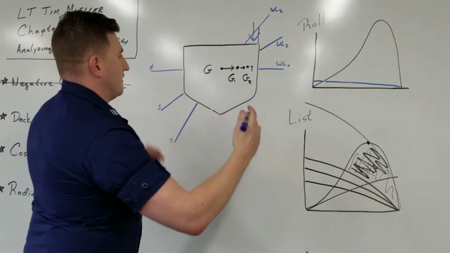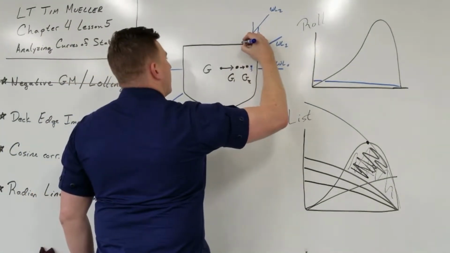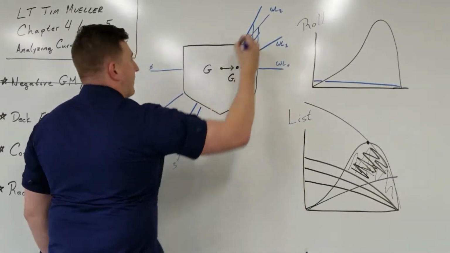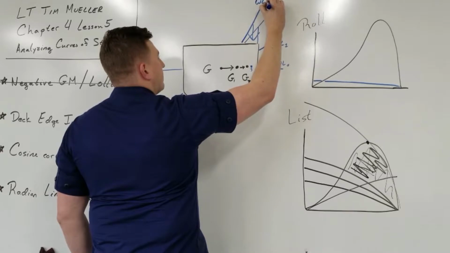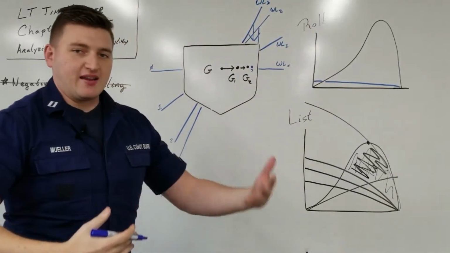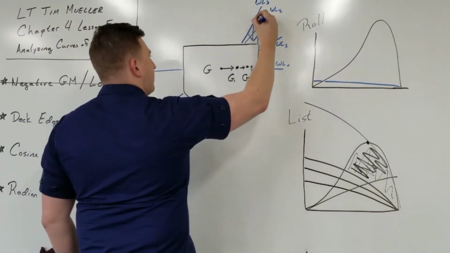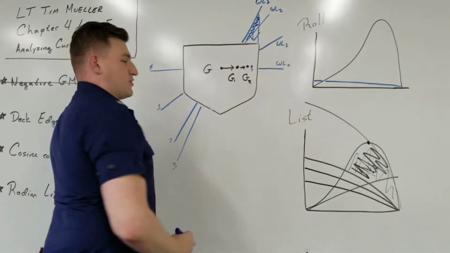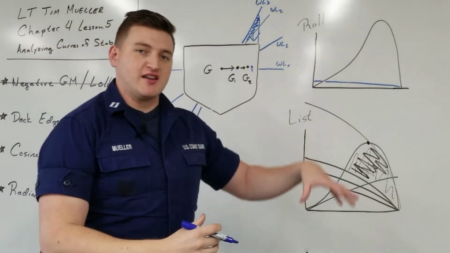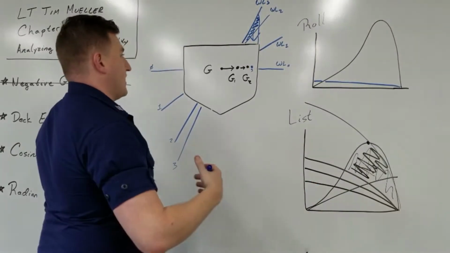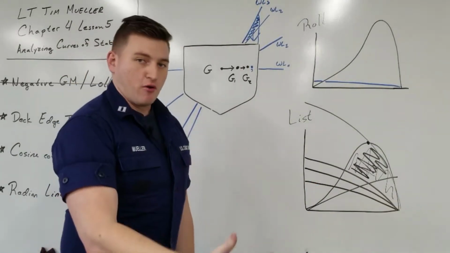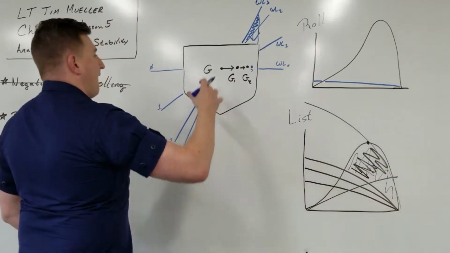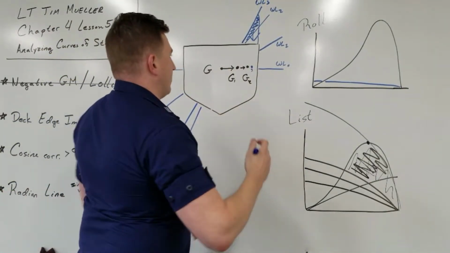If the ship lists a little bit more, that means the waterline is now going to look like this at waterline 3, which means now we're adding even more water to it here. So now we've added this much water, which means there's going to be more force pushing down on that deck edge, which means more of a weight addition, more movement of the center of gravity, more listing, and more loss in stability.